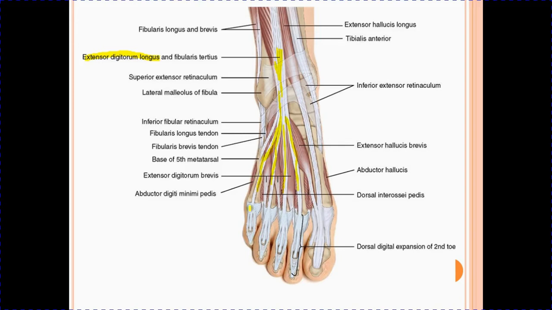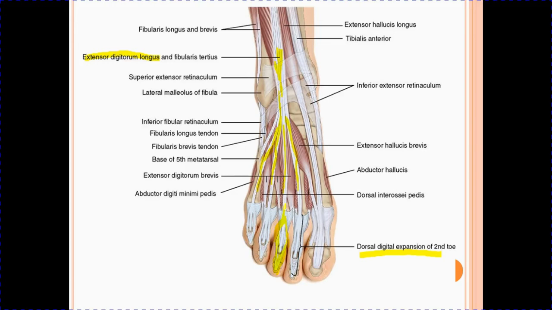Second thing, they are inserted via the dorsal digital expansion. This is the dorsal digital expansion. Now what actually is it? It is a triangular aponeurosis formed by the expansion of the tendon of the extensor digitorum longus. What did I say? What is the dorsal digital expansion?